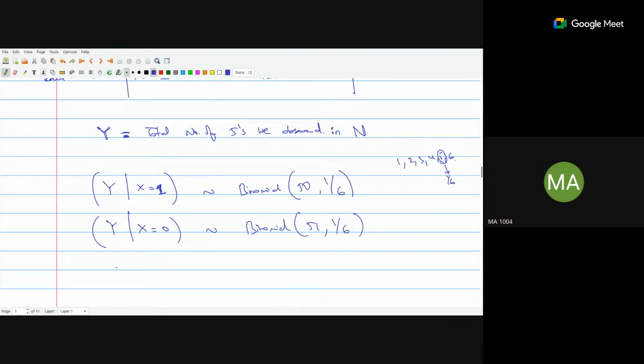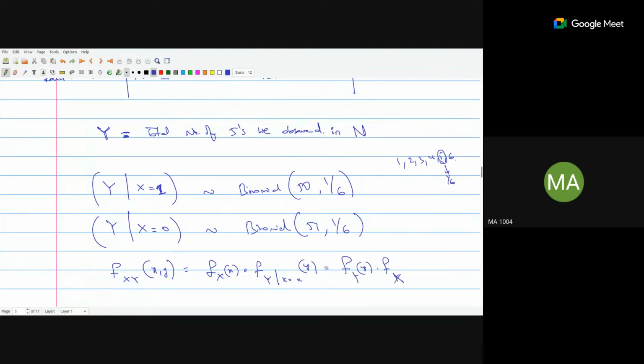So this is the property I am going to use: f of xy. I can write it as f of x, given y equals small y, times f of y of y.